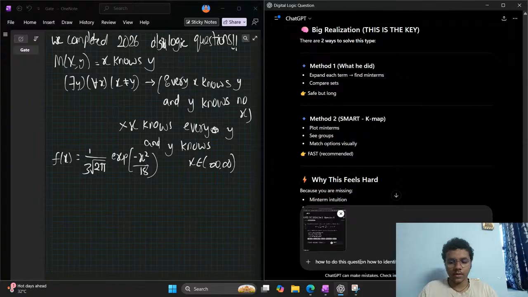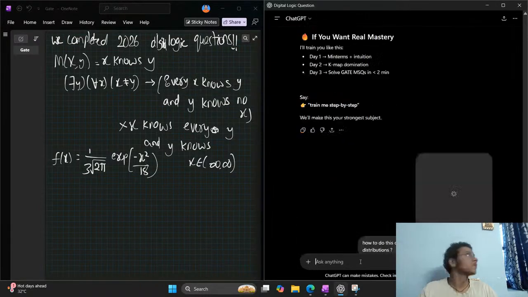How to identify different distributions?